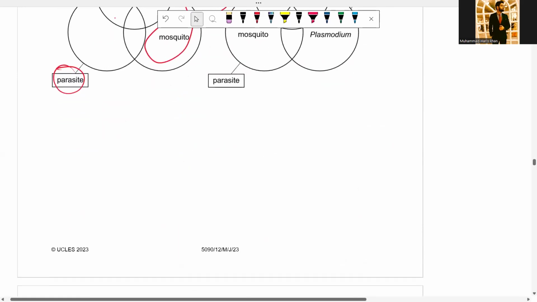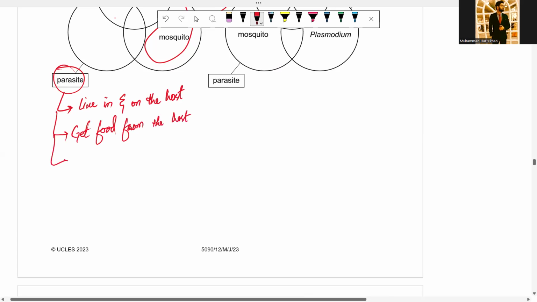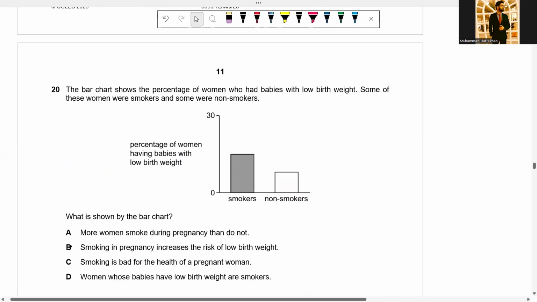The parasite lives in and on the host. And what is the host? The human body. It gets food from the host and causes a disease. And here the parasite is not the mosquito, but plasmodium.